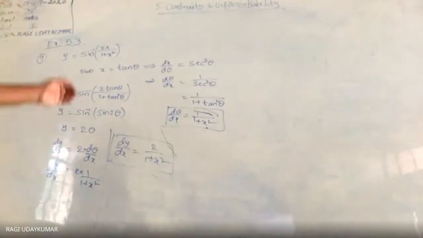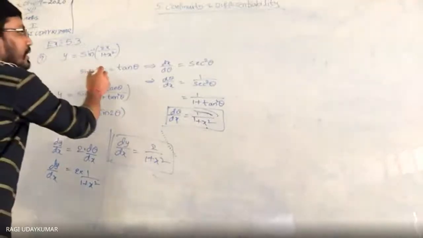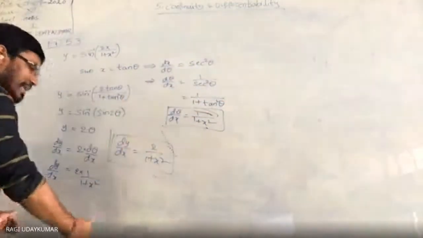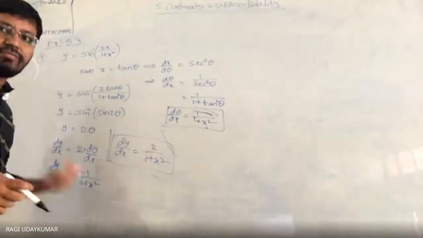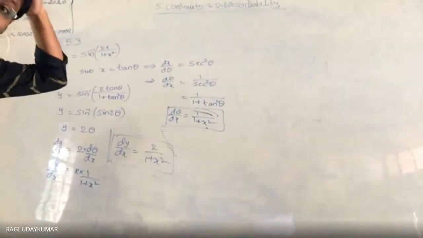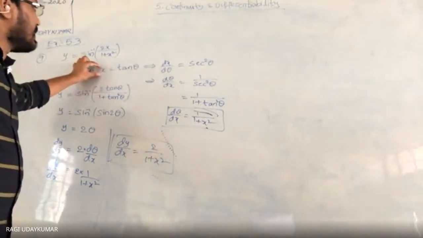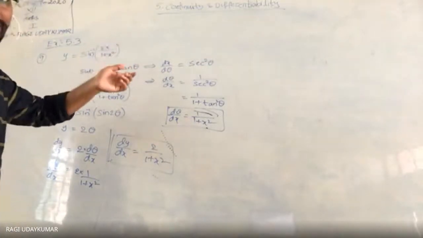Normally, this part you need to do first, because we will require d theta by dx further. Here I differentiated with respect to theta on both sides.